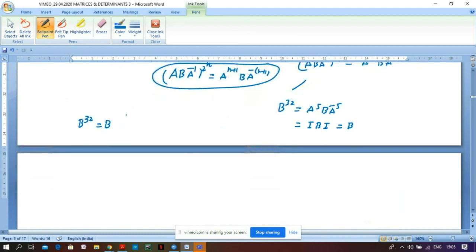Because B is invertible, I can multiply B inverse both sides. So B inverse B32 equals B inverse B, by the cancellation law.